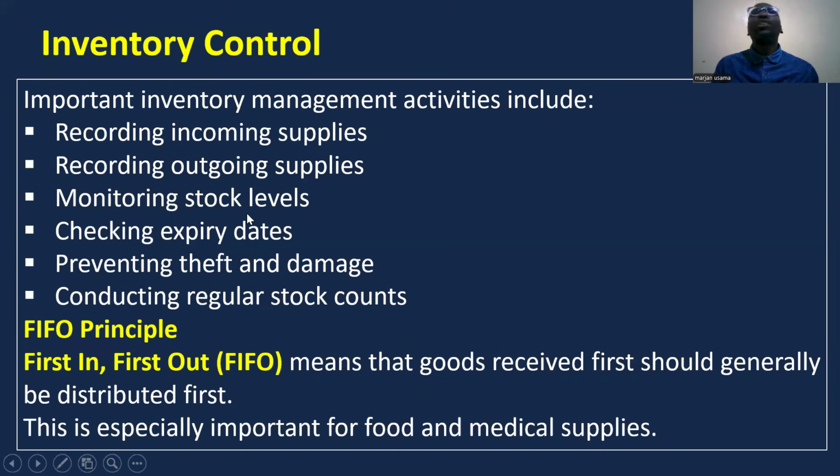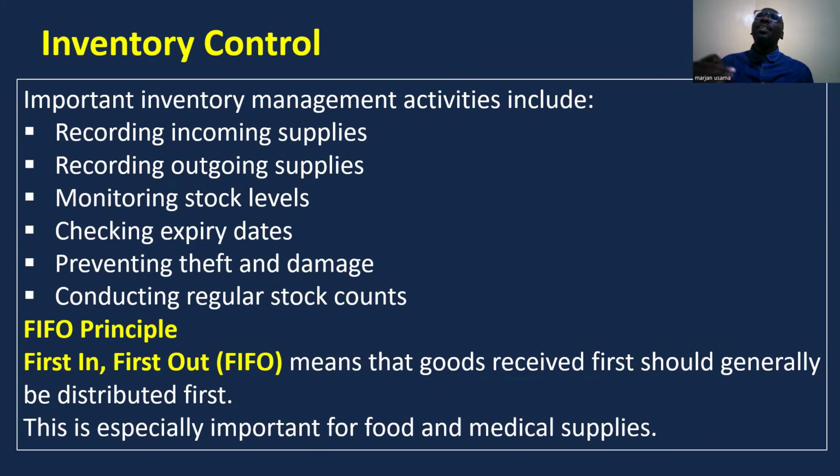Then monitoring stock levels. When you are talking about stock levels, we are talking about monitoring the quantity, al-kimiyya. Kam nurid, kam indana. Then checking expiry date. It is your responsibility as the storage manager to check the expiry date.